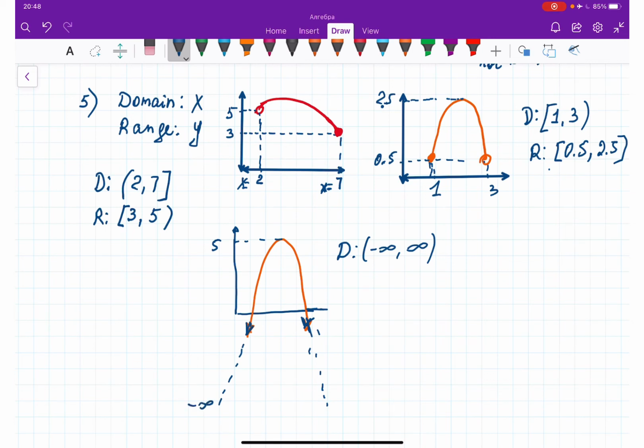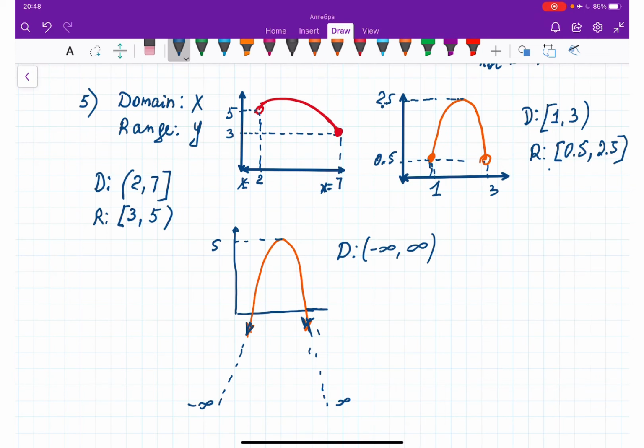Negative infinity is smaller, so we put negative infinity first, and then positive infinity. Okay? Because infinity doesn't have a limit and is not included, therefore infinity is used only with parentheses, always.